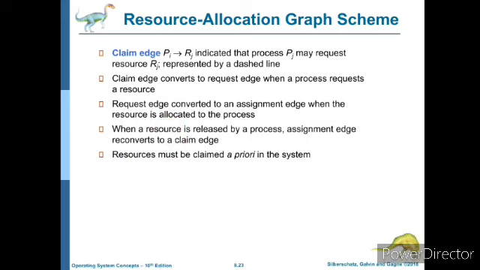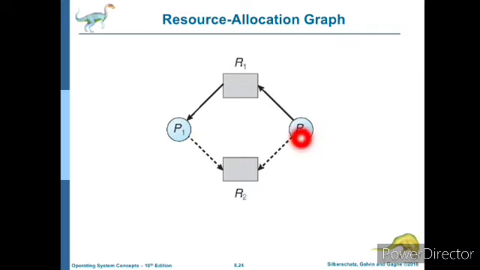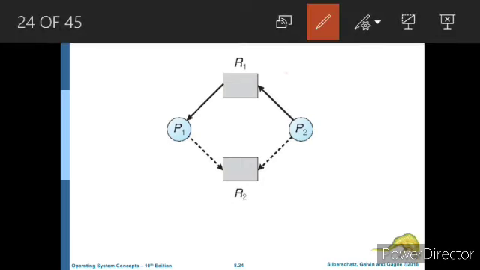For example, consider this graph. Here P2 is requesting resource type R2, and P1 is also requesting resource type R2. Now consider P2 requesting resource type R2. R2 is available, so the request can be granted. I'll take the request edge.